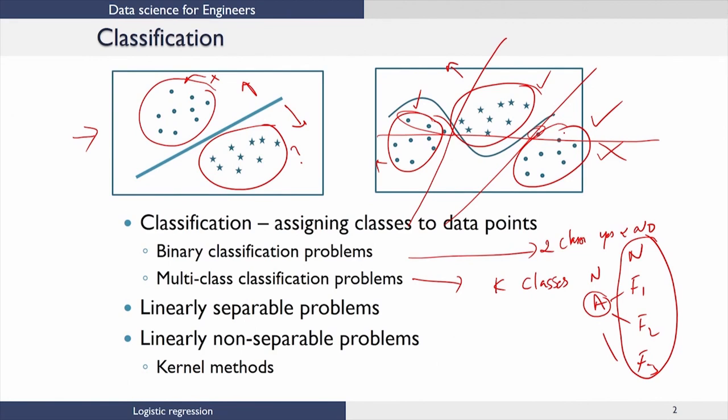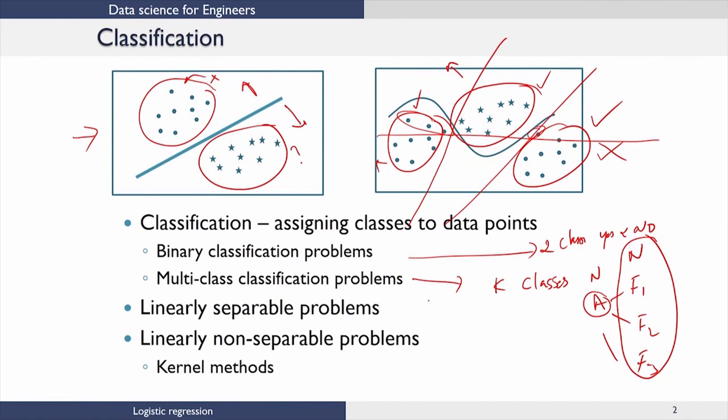So, you need to come up with not a hyperplane, but very simply, in layman terms, curved surfaces. And here, for example, if you were able to generate a curve like this, then you could use that as the decision function, and then say on one side of the curve I have data points belonging to class 2, and on the other side I have data points belonging to class 1.